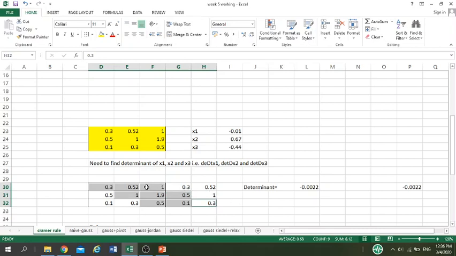Then we subtract the multiplication of the numbers along the diagonal lines in this direction.